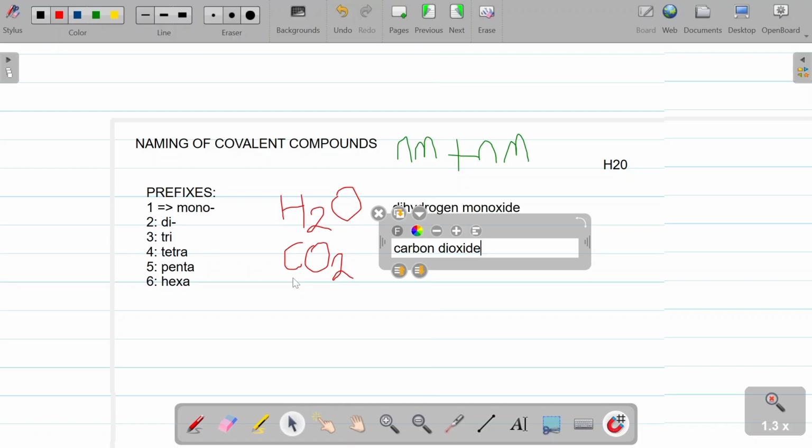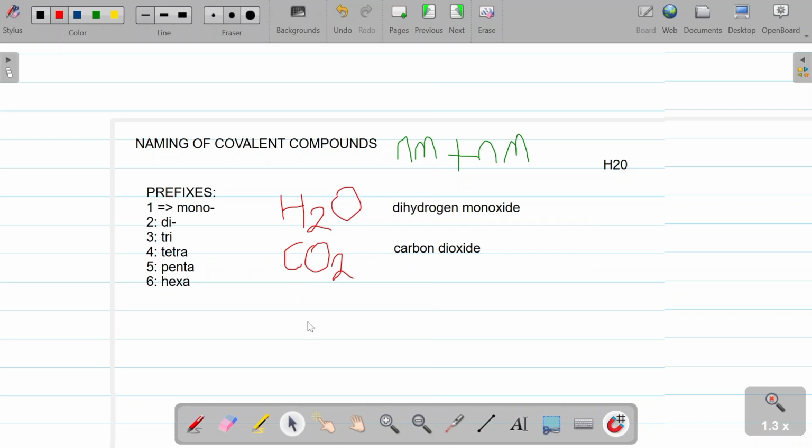So that means the rule of changing the second element or the last element of a compound still stands. The same way we used it in ionic compounds, we said sodium chloride, not sodium chlorine. Even in covalent compounds, we have to change the last element to end in "ide" as well.